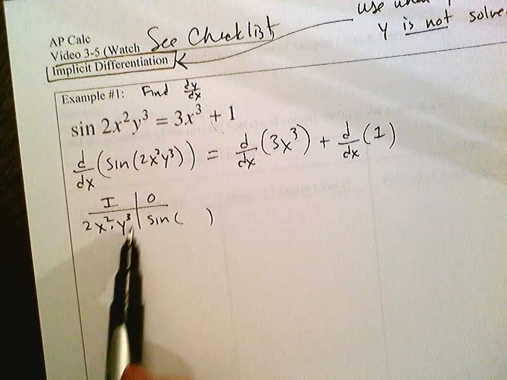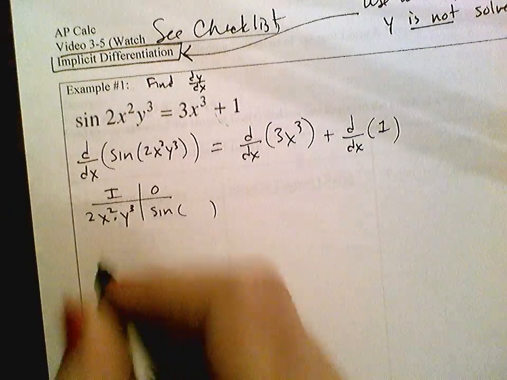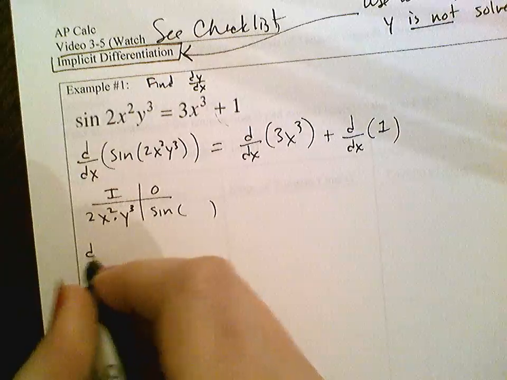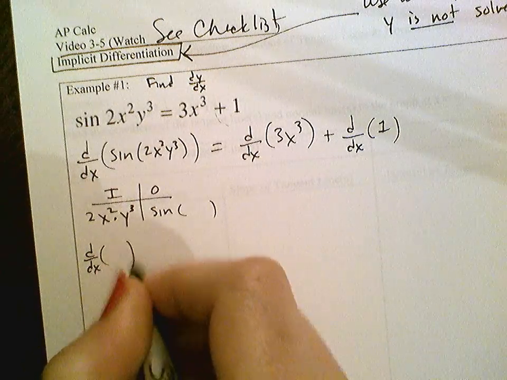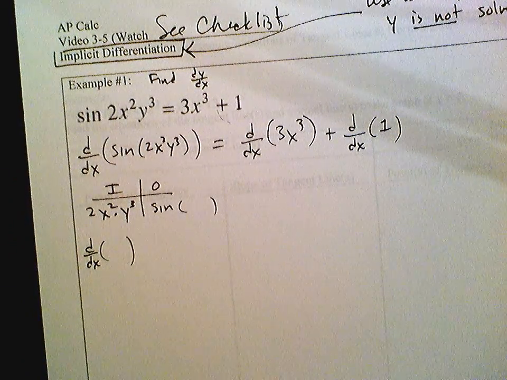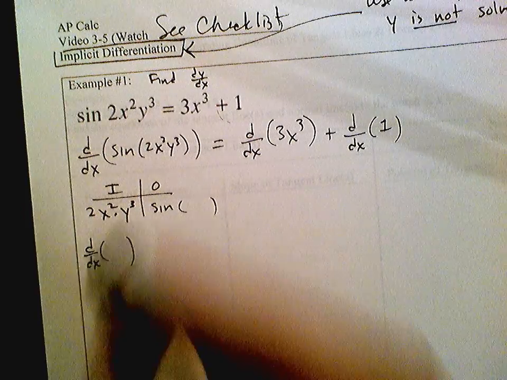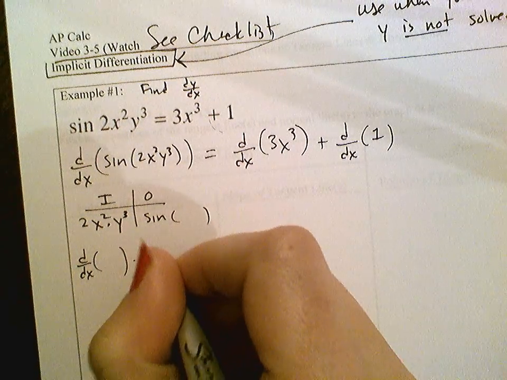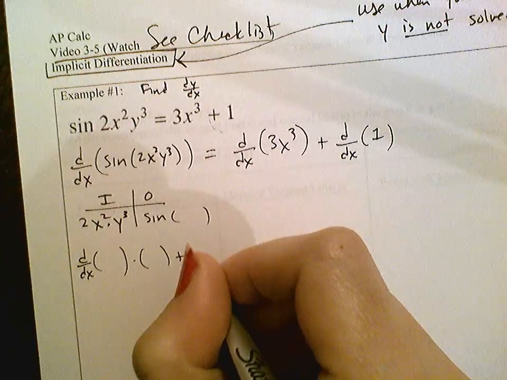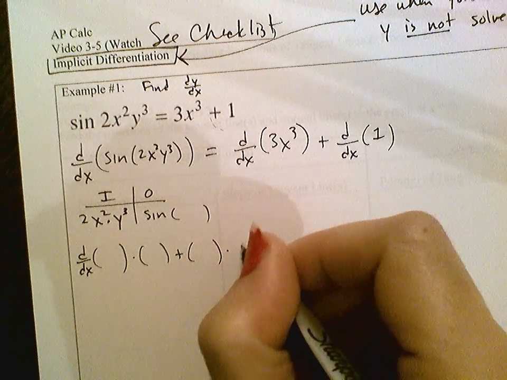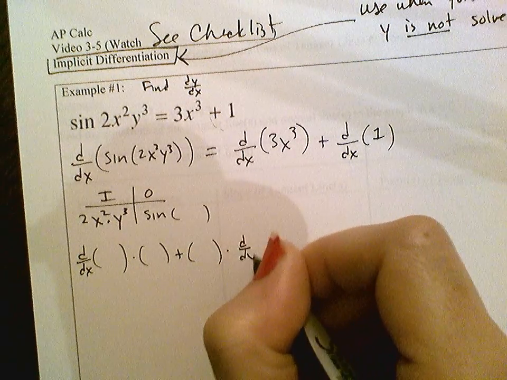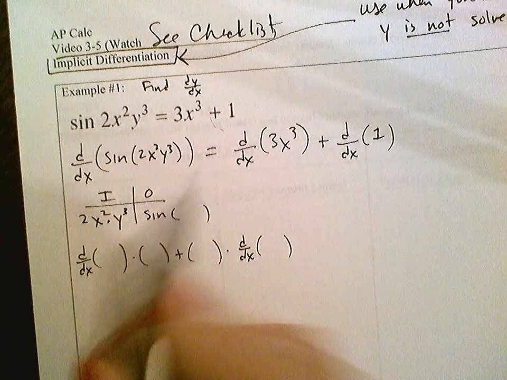And I'm doing the product rule on this one here. So it's going to be d dx of the, let me just do this. Some of you probably see how to do it without setting up blanks first, but I'll do the blanks just in case it makes it more clear for someone.